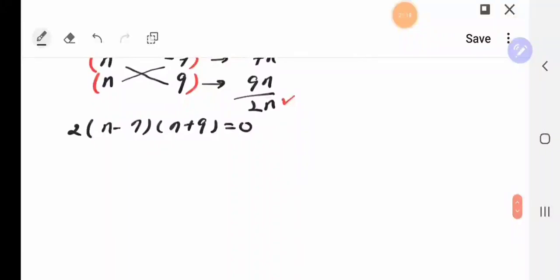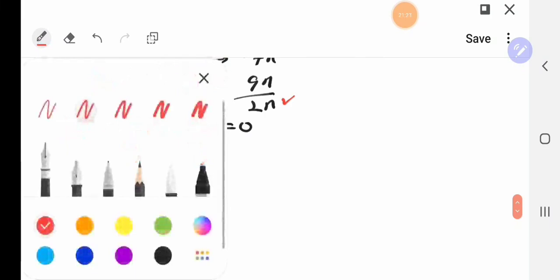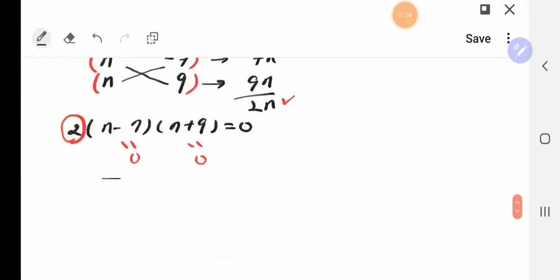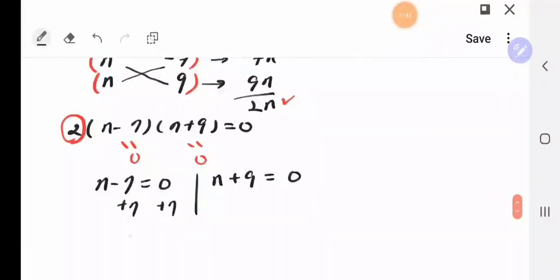Okay, still keep going. We want to find the values of n. So set each factor equal to 0. As you see, 2 cannot be 0, so ignore the number 2. Then from the first binomial, n minus 7, set this binomial equal to 0, and set the second binomial factor equal to 0, and then find n from each equation.